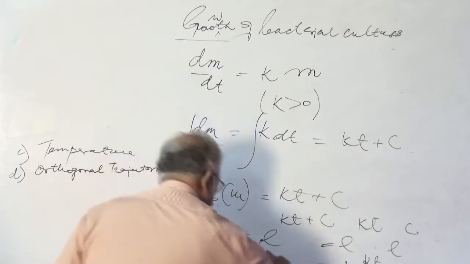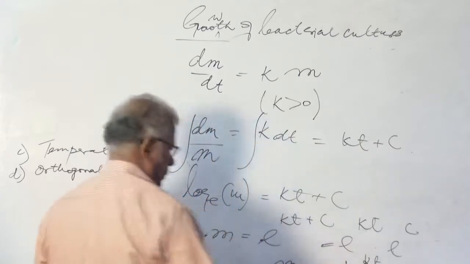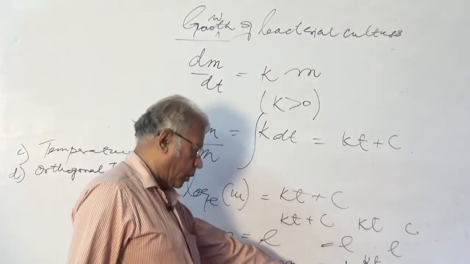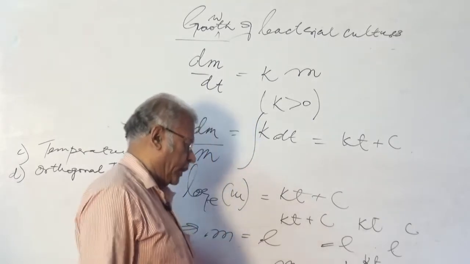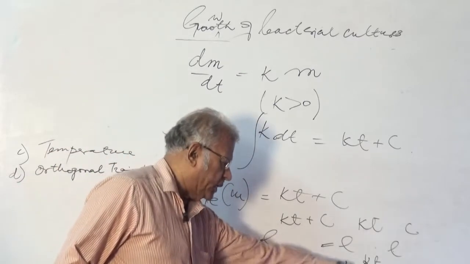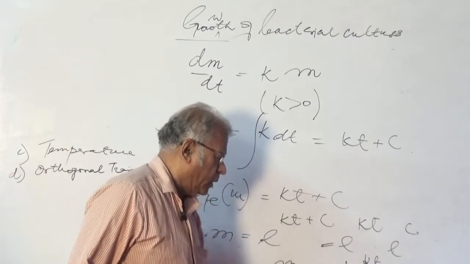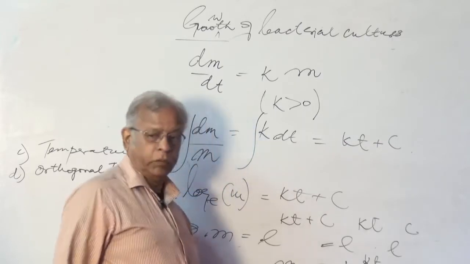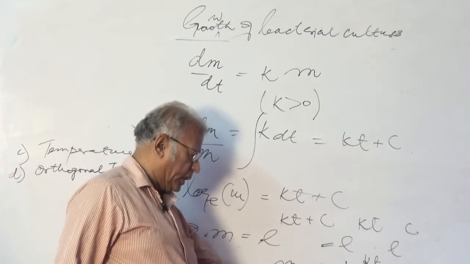So this is the solution. Now what exactly is this A in terms of m naught? That should be very simple to answer, because if we put t as 0, e to the power of kT is 1, and A becomes m naught. So this A is nothing but m naught.